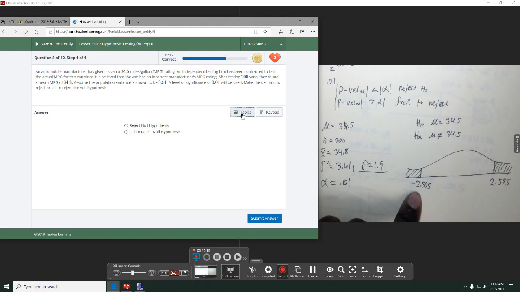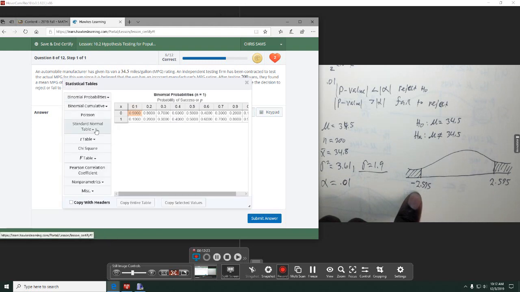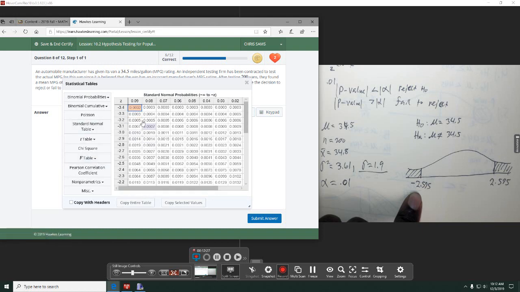Let's go back and just show you that from the table, standard normal table. Let's just go to the negative side. Negative 2.575. So the area is about half of that one. So that's just 0.005. So half a percent. And it splits it up into two tails. So that's what they're giving us whenever you have two-sided.